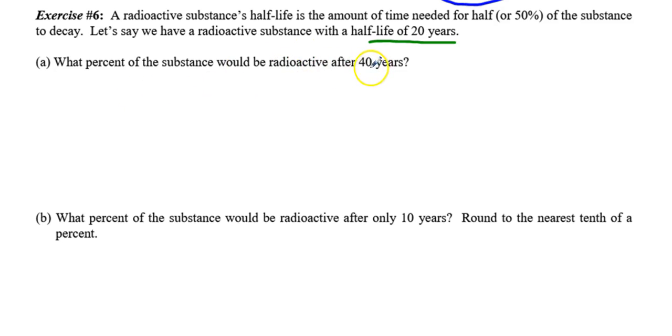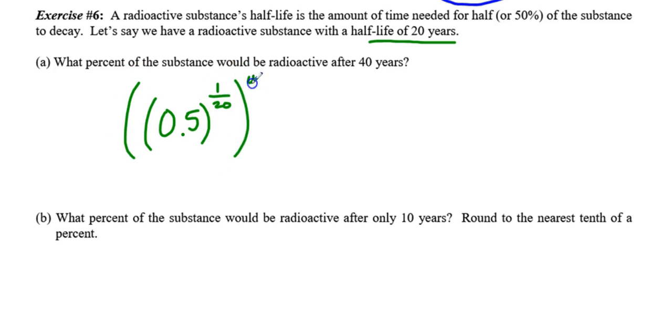Okay, so what would it be after 40 years? Well, in this case we've got our base of half, right? And let's find out what it would be after 1 year. Okay, so after 1 year it's going to be 0.5 to the 1/20. And now we're going to raise all that to the 40th.